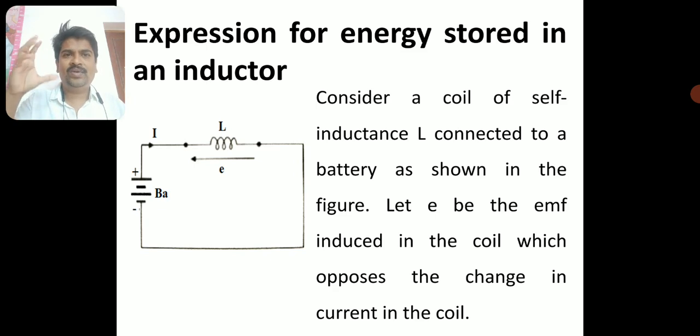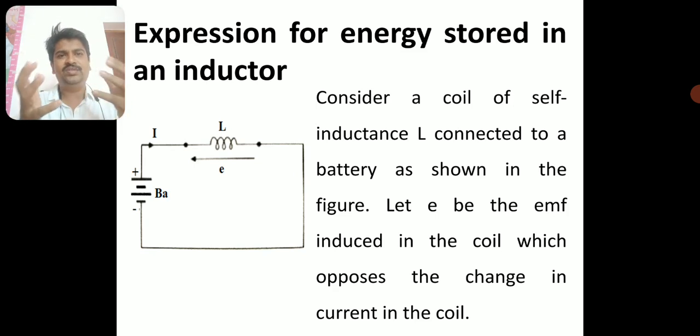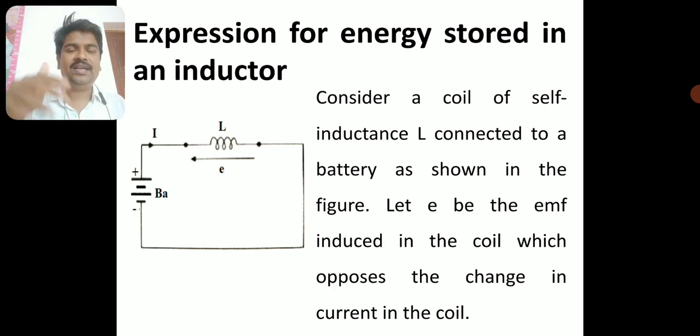Because of the battery, current flows in the circuit. When current flows in the circuit, a magnetic field is set up around it. When there is a change in the magnetic flux linked with this coil, a current is induced in the same coil.